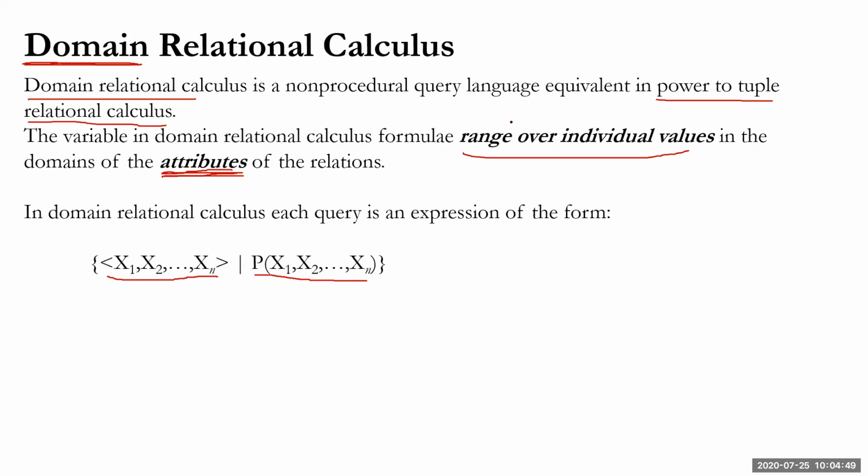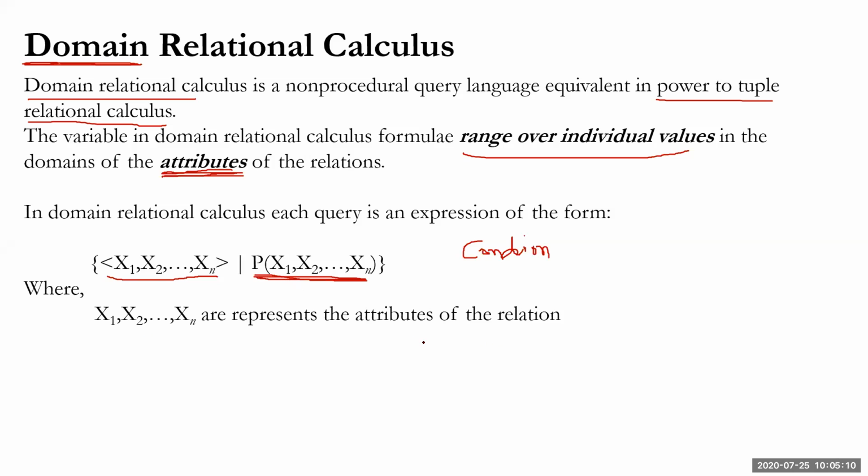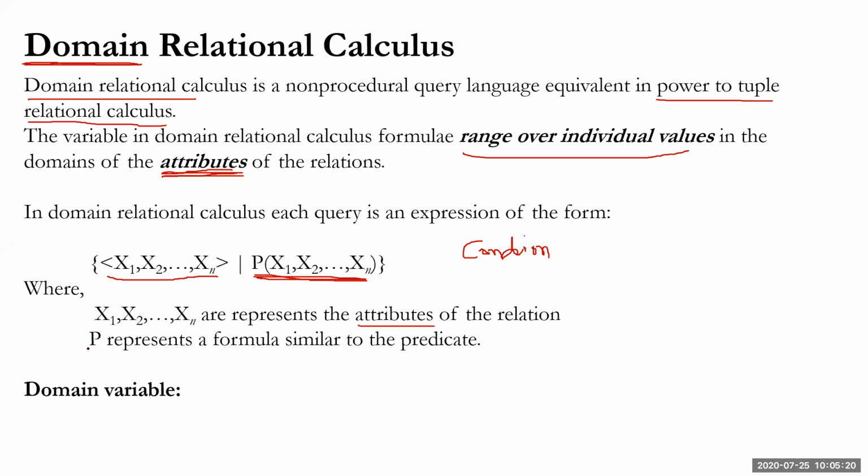Some condition is to be specified by you. The x1, x2 are attributes, and p is the predicate here. Predicate means condition.